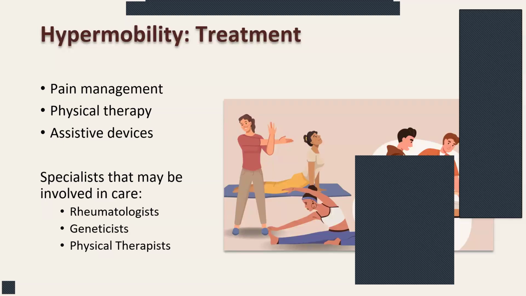In severe cases, opioids could be used, but it's not recommended as a first line of treatment for hypermobility, but it's just one of the other analgesics out there. NSAIDs or non-steroidal anti-inflammatories can also be used to help decrease inflammation at joints that are irritated, to provide comfort.